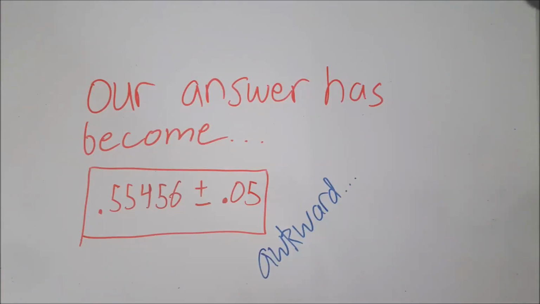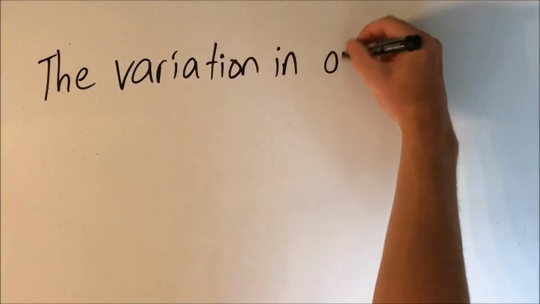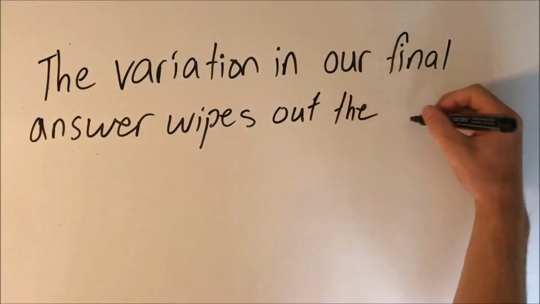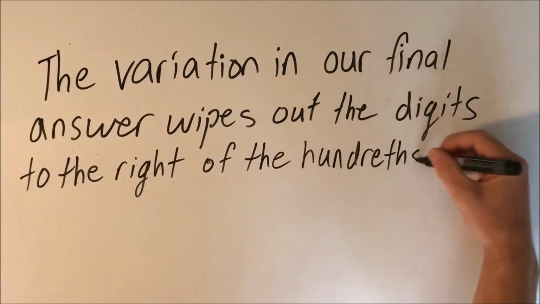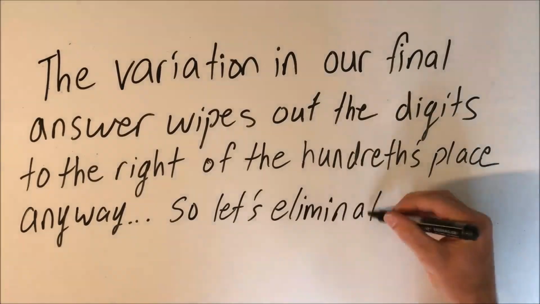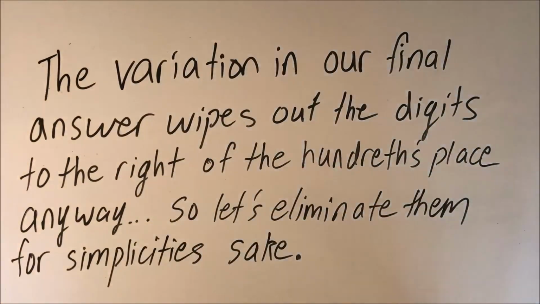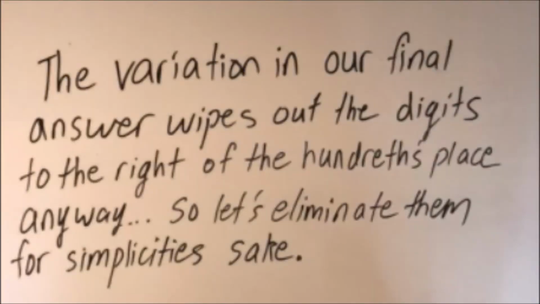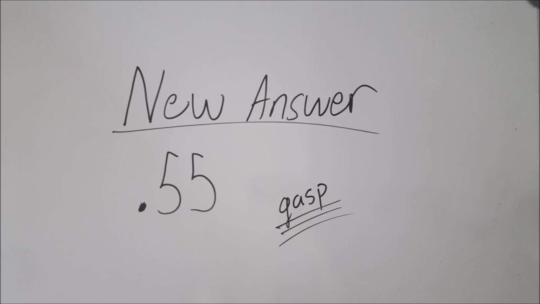Our answer then becomes 0.55456 plus or minus 0.05. Our answer could vary by as much as 0.05. Thus, the digits to the right of this variation would be wiped out. Thus, for the sake of simplicity, it is safe to say that we can eliminate them. And our new answer becomes 0.55.